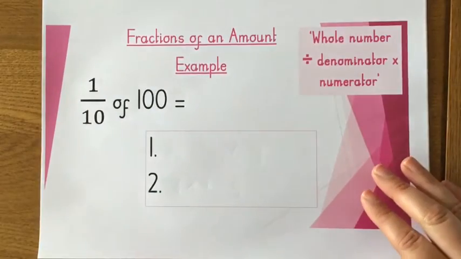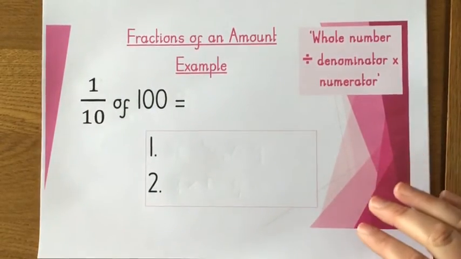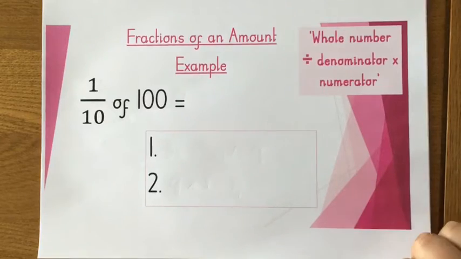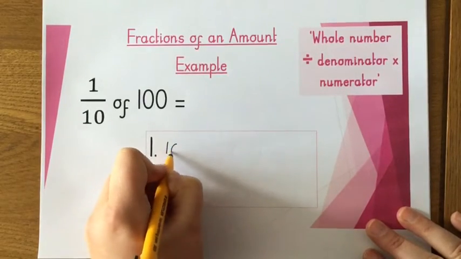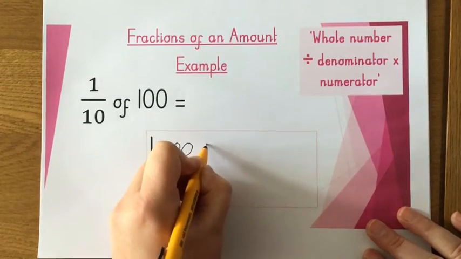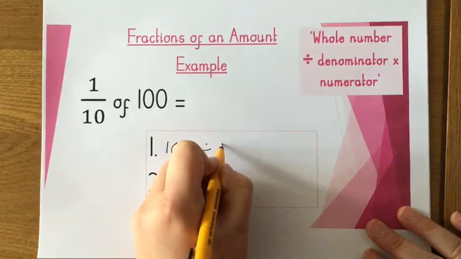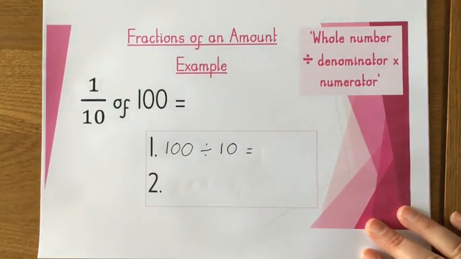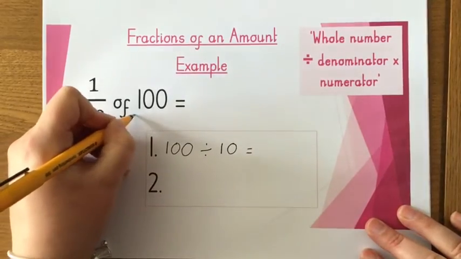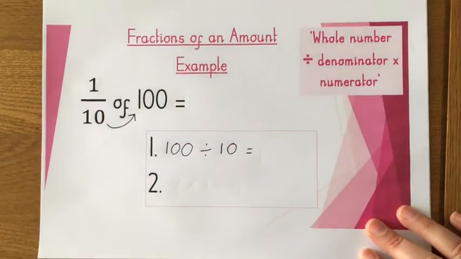Okay, let's have a look at tenths now then. I wonder if you can remember what to do now. So the whole number, 100 in this case, divided by the denominator, which is 10. 100 divided by 10, or in other words, how many 10s in 100?